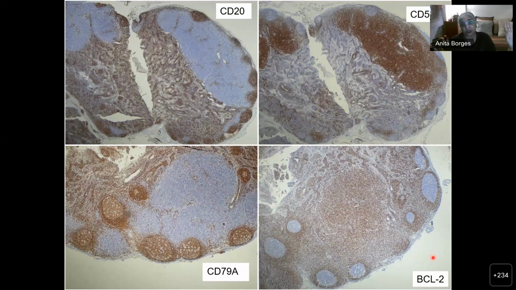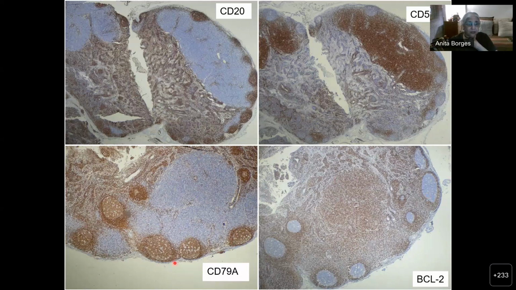If it is not expressing it, as it is in this case, this is a reactive follicle, and reactive follicles do not express BCL2. And I can't go into the physiology of each of these different things, but you know that apoptosis is happening inside the follicle, and BCL2 is an anti-apoptotic factor, and therefore it is not being expressed in normal follicles.